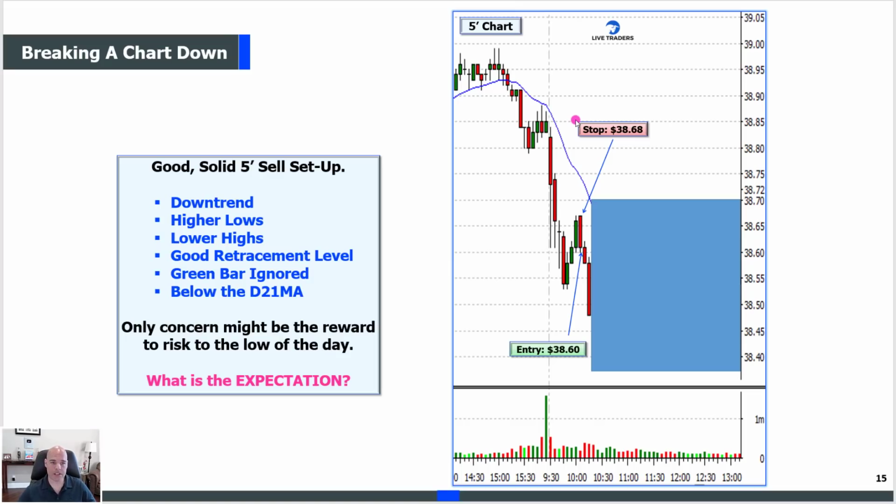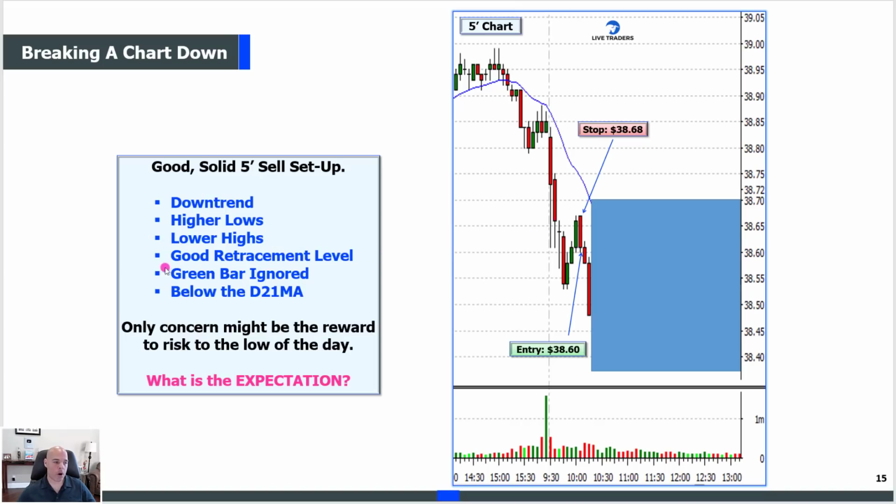If it doesn't retrace very much, say it only retraces 10%, it probably hasn't rested long enough. So we want to find somewhere in the middle. Too much retracement questions the weakness of the stock and makes us think it could be bullish. Too little retracement, and we think the stock hasn't rested long enough and it could fail. So if we're somewhere in the middle, that's a good thing.